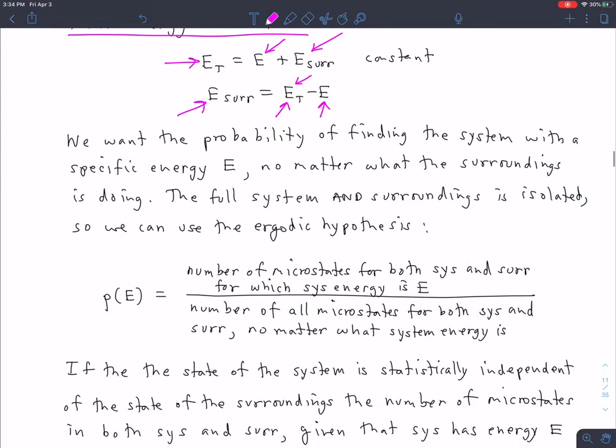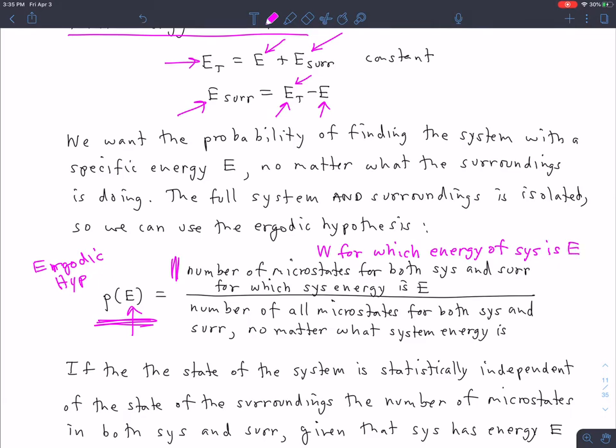All right. According to the ergodic hypothesis, and that's what this is here, this is a use of the ergodic hypothesis, the probability of finding our system with a certain system energy E is equal to the number of microstates, W, for which the energy of the system is E. So we're restricting the energy of the system.